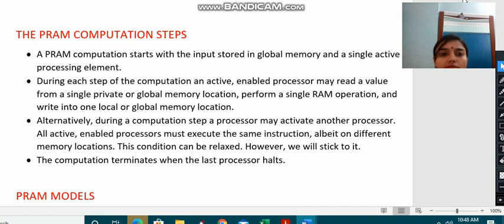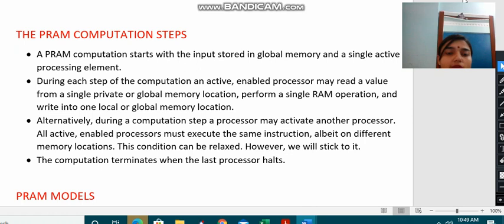model. We know that a PRAM consists of a global memory, a control unit, and an unbounded set of P processors, where each processor has an index number through which it can be enabled or disabled. Initially, only one processor gets activated, and during its computation, it activates all other processors.